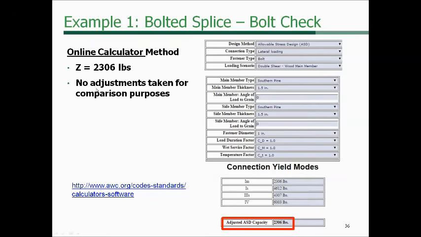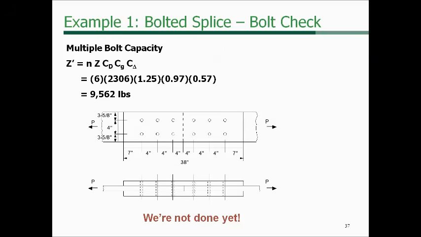This one, we did a single shear or a single connector. I didn't take any of the adjustment factors. We do show the load duration, moisture, and temperature factors here, but for being able to compare apples to apples, I didn't take those adjustments. I just used a single fastener value unadjusted, so you can see we come up with the same results.